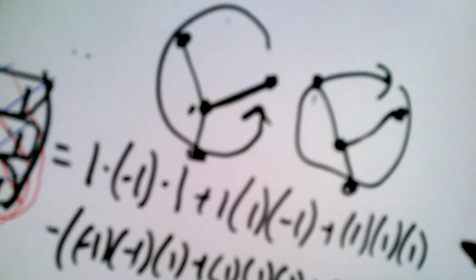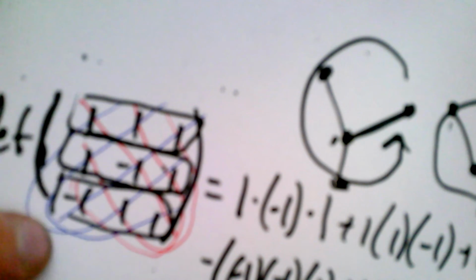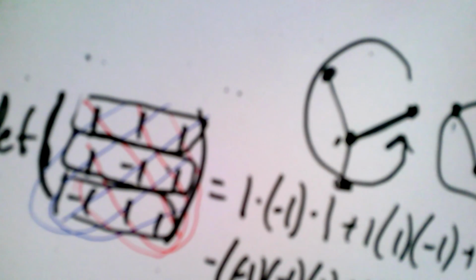So going around this way will be positive, going around that way will be negative, or vice versa, depending on how your points are in relation to each other. But switching the sign is reflected by switching which order your points are labeled here. Going around one way will be positive, going around another way will be negative.